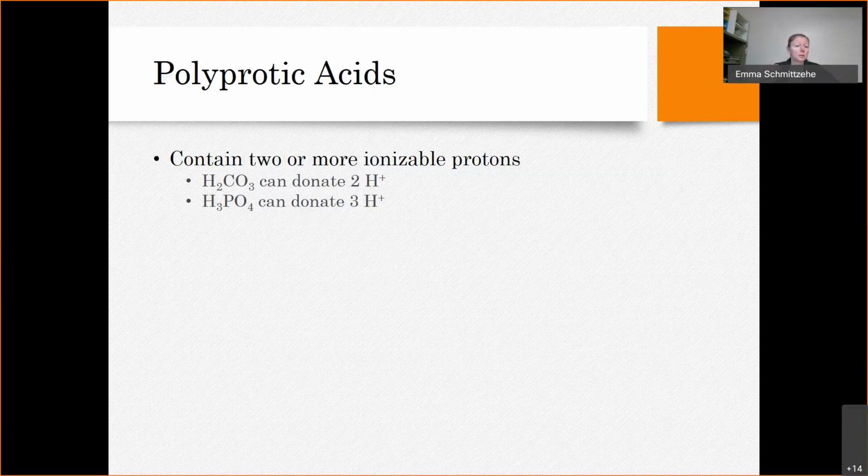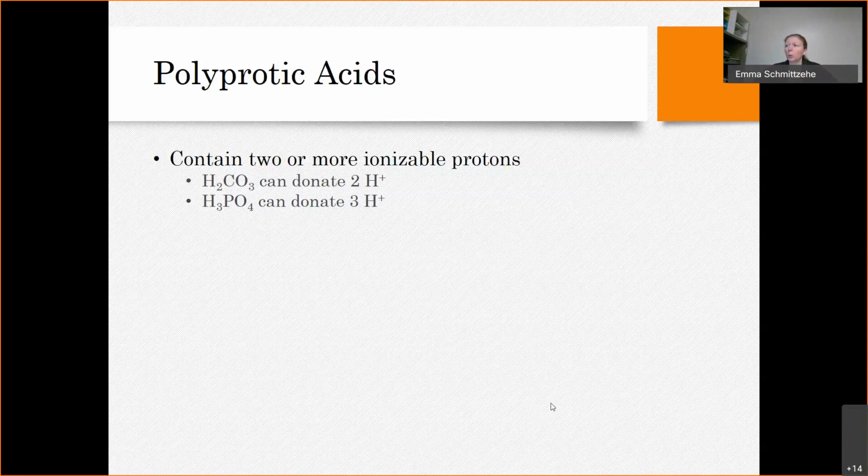Initially, when these go in solution, the first proton comes off, and the environment will determine whether, or how much of, a second or even a third one will come off a given molecule. It depends on the conditions, so they can give up what is needed in that solution.